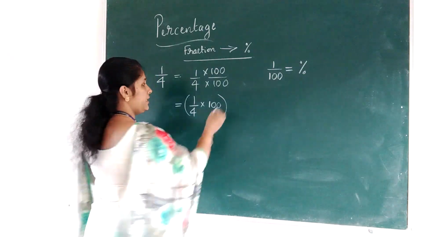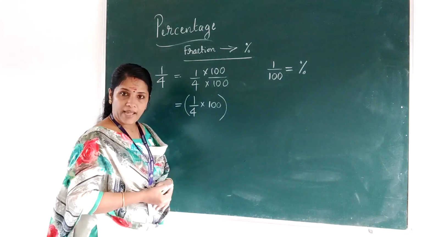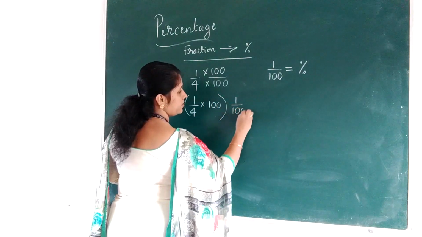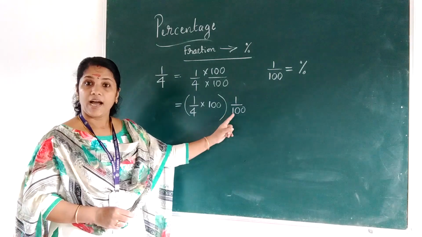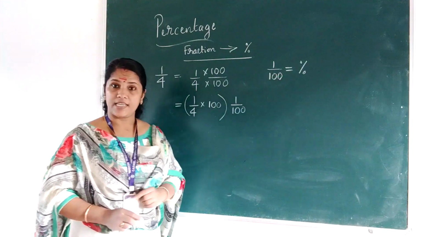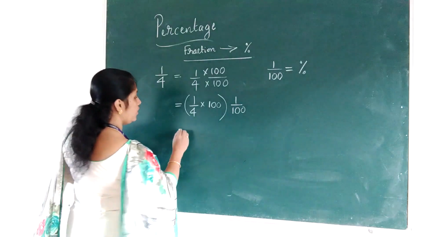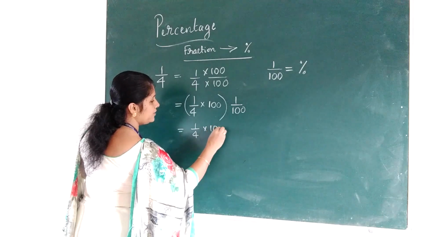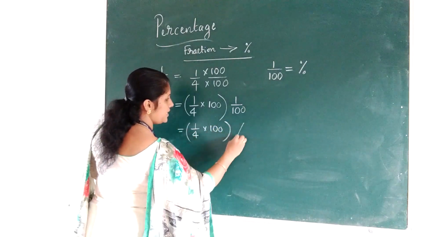Then what will be outside the bracket? It is 1 by 100. But I can represent 1 by 100 in the percentage form, right? So it will be 1 by 4 into 100 percentage.